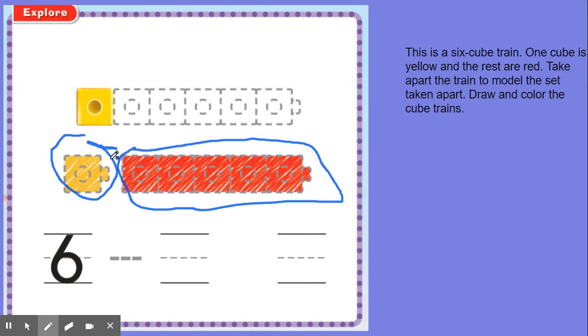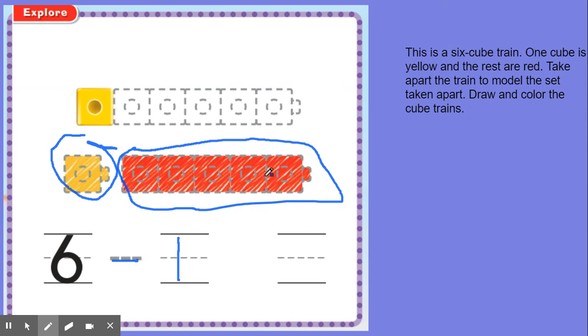My first group is here. And I'm going to trace my symbol because there were 6 and now I took it apart. So how many? I took away 1 yellow cube. So I'm going to write 1 here because that's my first cube that I took away.